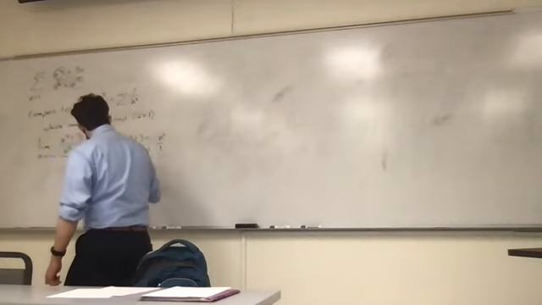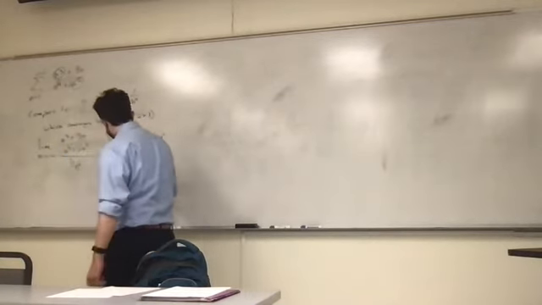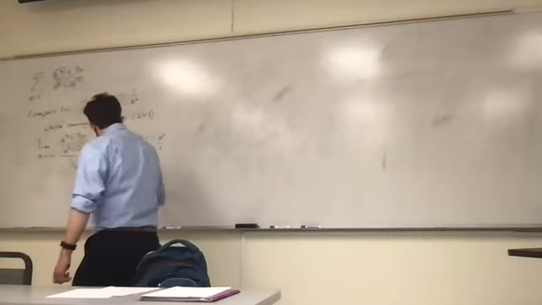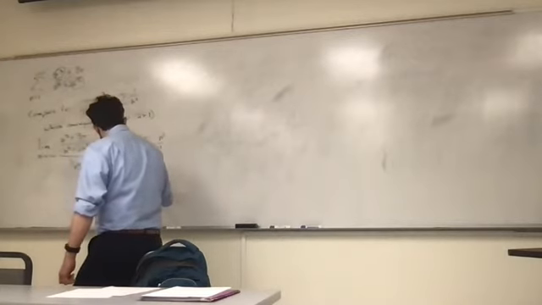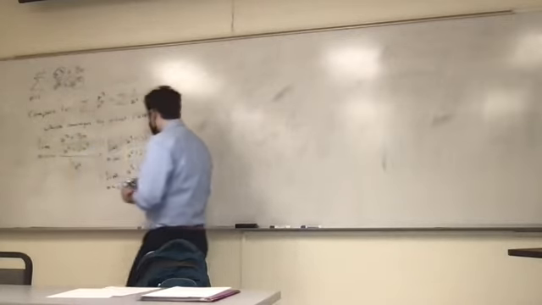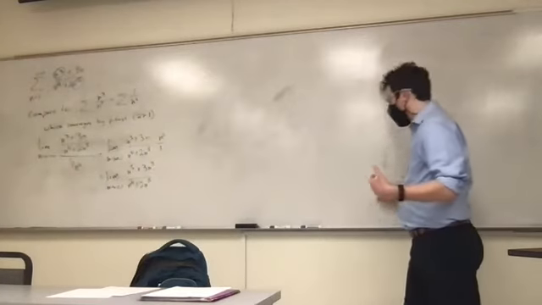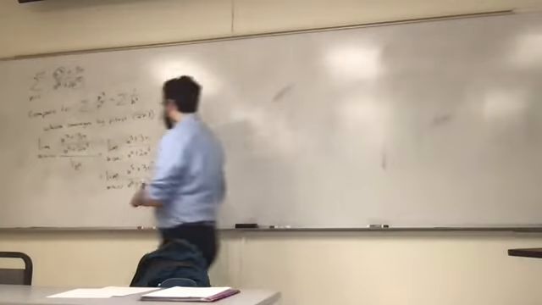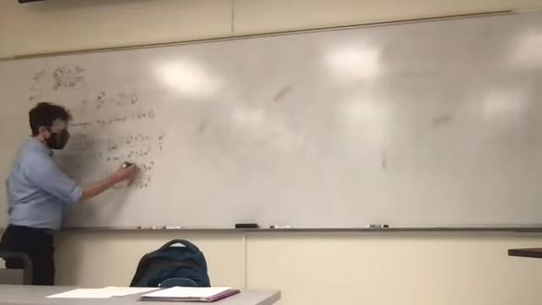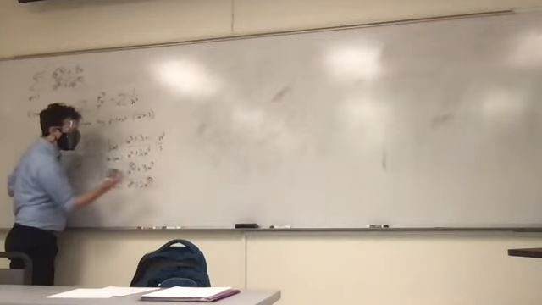Limit as n goes to infinity, n to the 5th plus 3n cubed over n to the 4th plus 2n to the 5th. And with those extra 2's that we put in, now the biggest powers match.